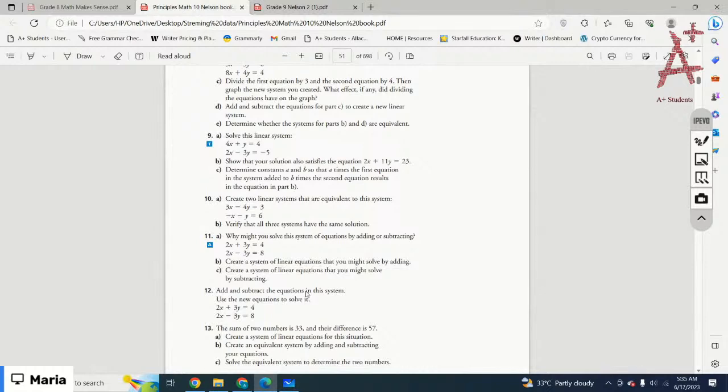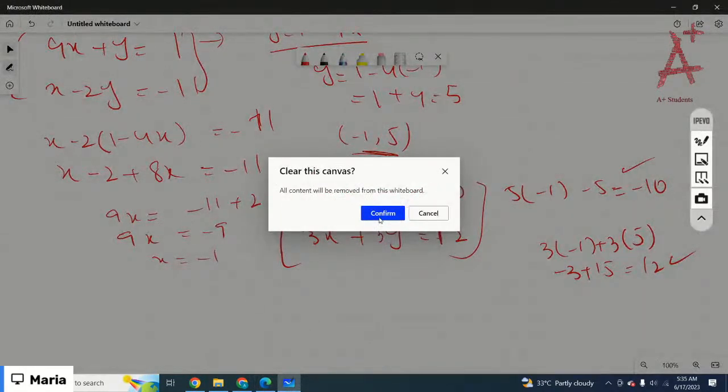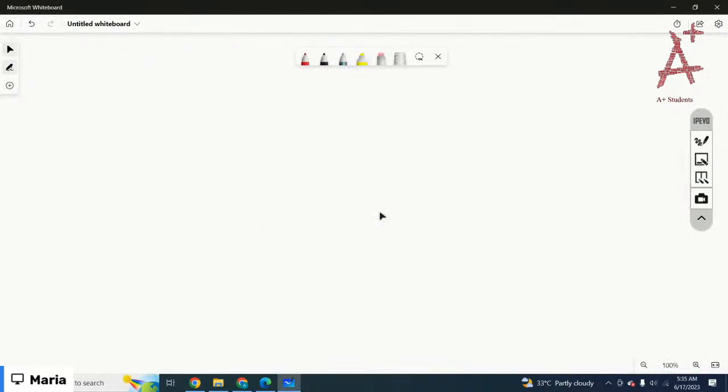Okay, let's just solve them first. 4x plus y equals 4. And the second one is 2x minus 3y equals negative 5.